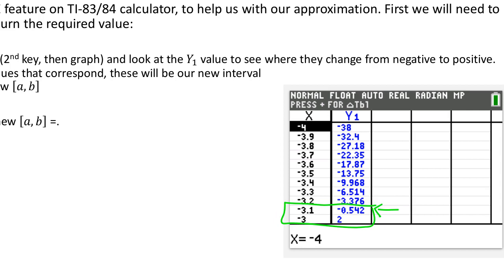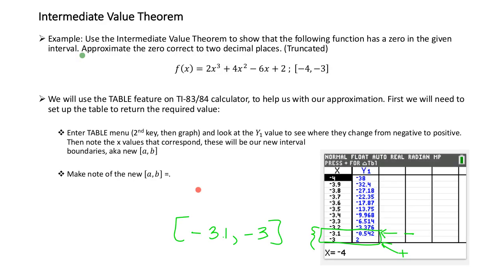Y1 changes from a negative value here to a positive value here. So that means my 0 has to lie between negative 3.1 and negative 3. These are going to be the new boundary values that I want to use, so that's going to be my new A and B.